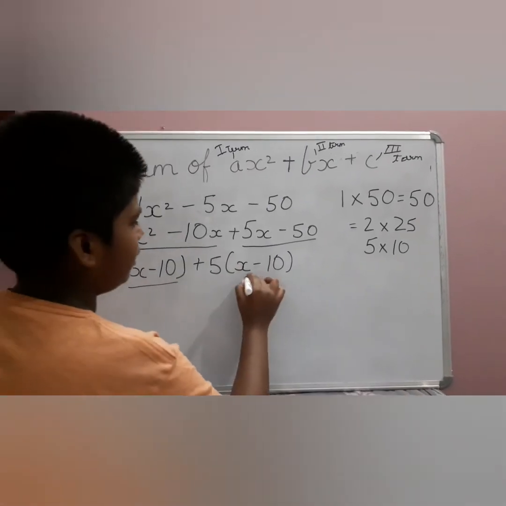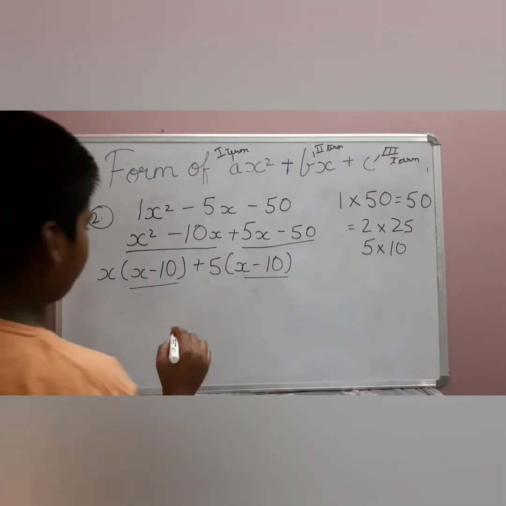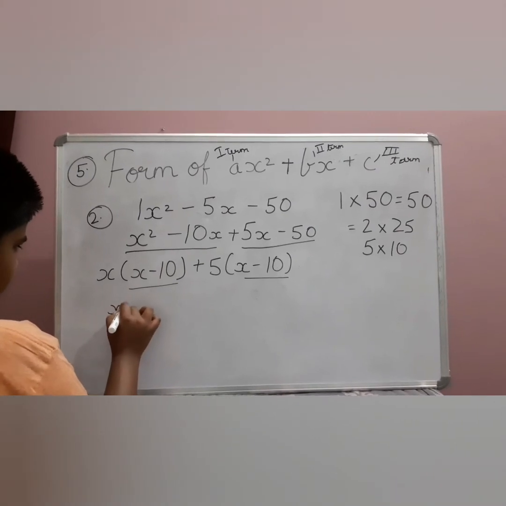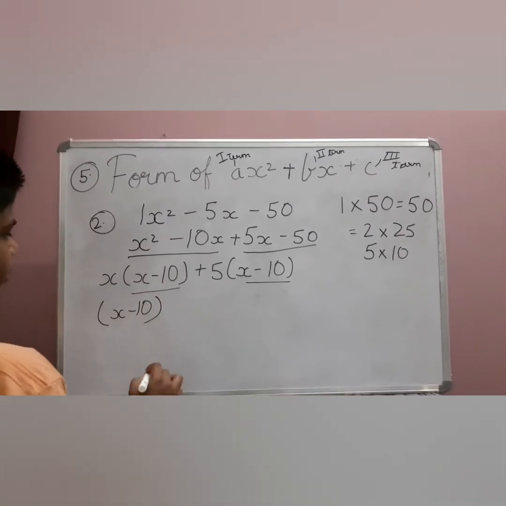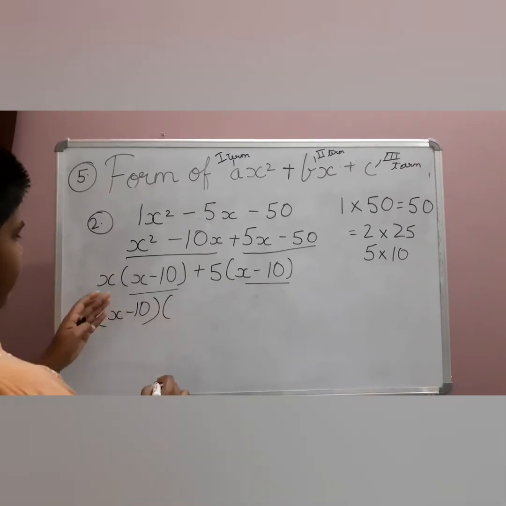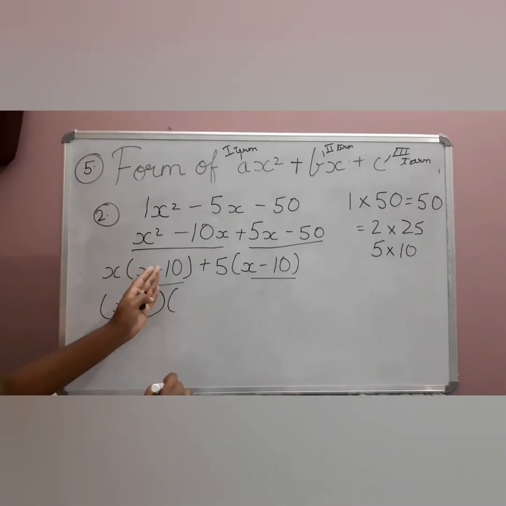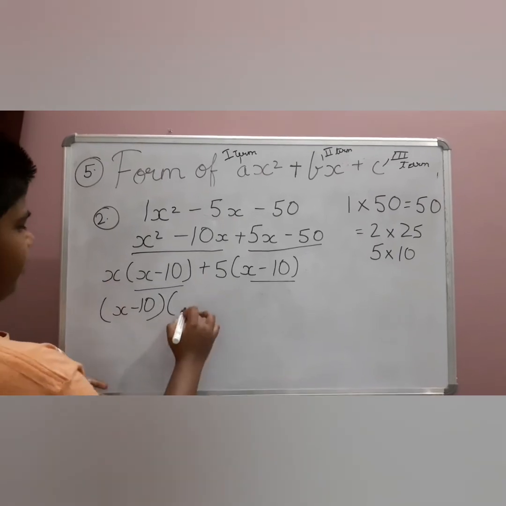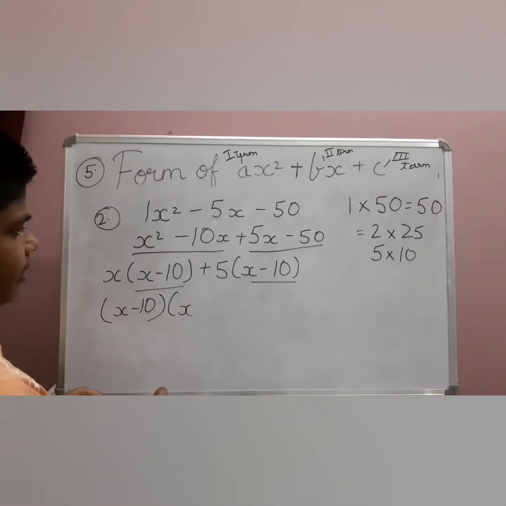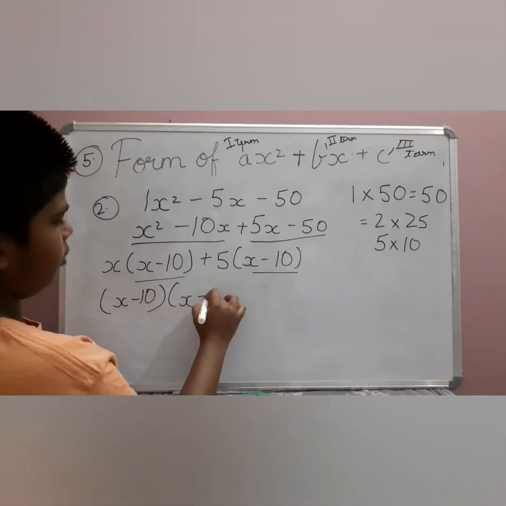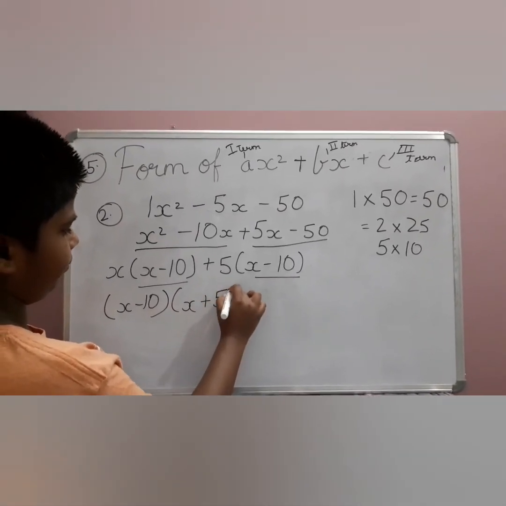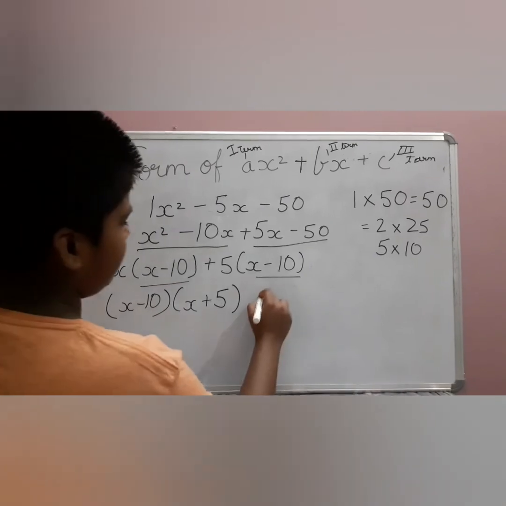We'll underline it to show we have taken it common. Then we'll take x minus 10 common and put a bracket. From the first pair, x is left, so we'll write x here. In the second group, plus 5 is left, so we'll write plus 5 here. And this is our answer.